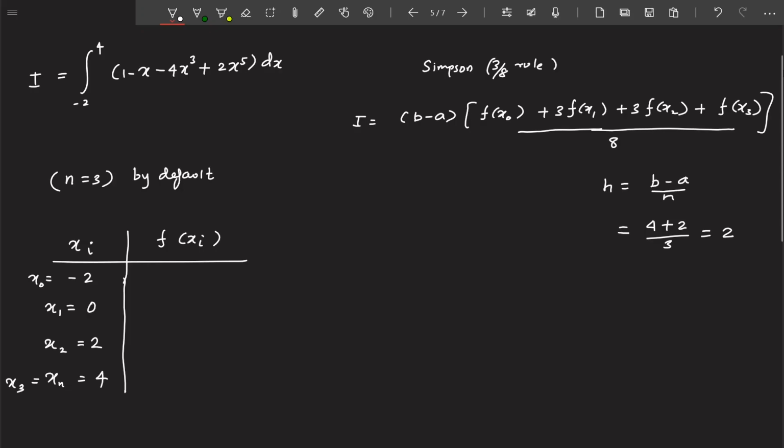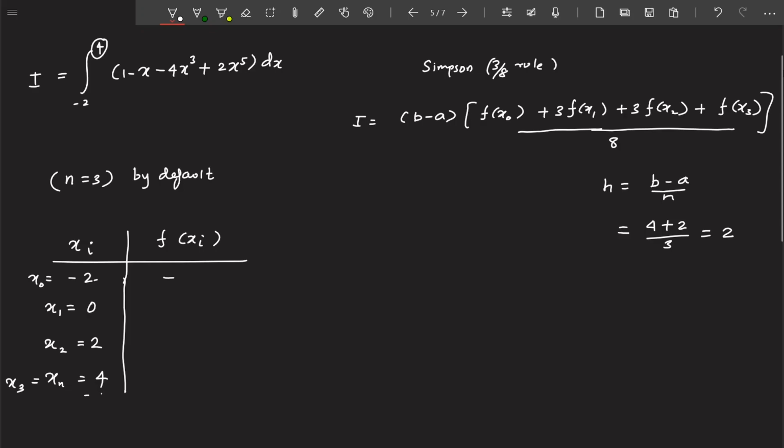Okay, so just go on adding h right from x0. So minus 2 plus 2 is 0, 0 plus h, that is 2, is 2, 2 plus h is 4. Once we reach 4, you have to stop because the upper limit is 4. Okay, you have to start from minus 2 and you have to stop at 4.